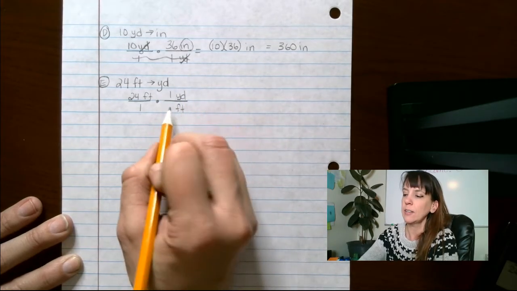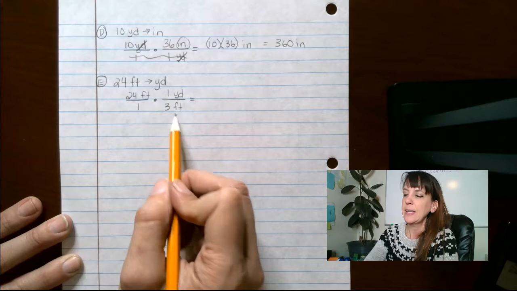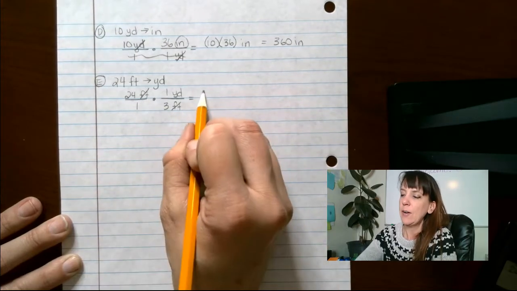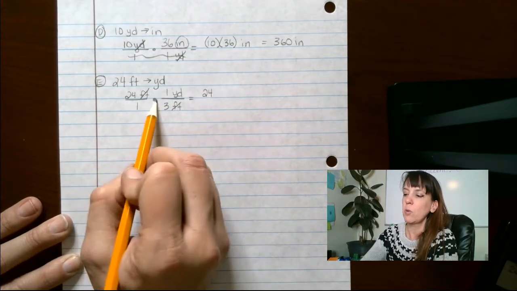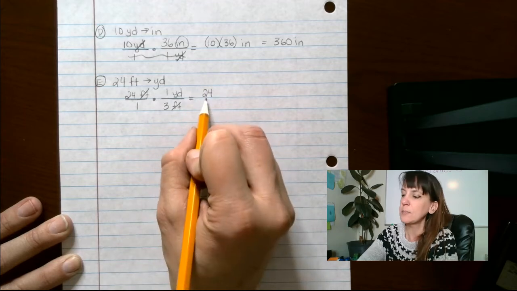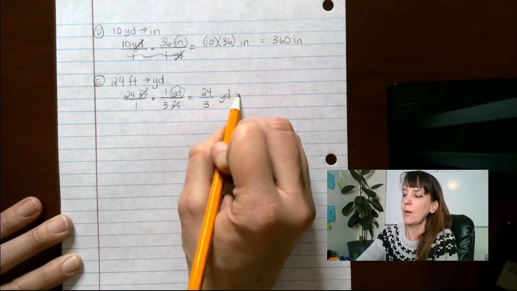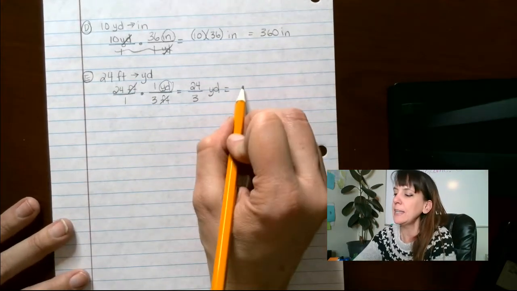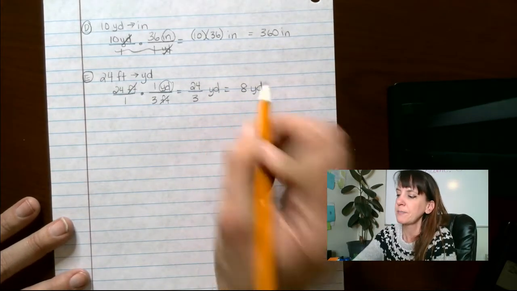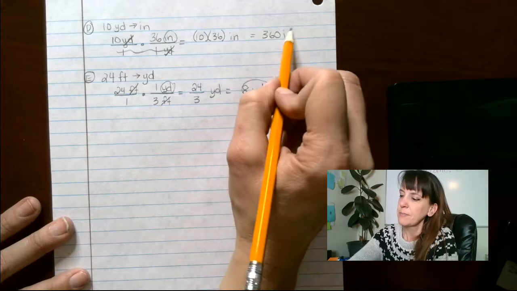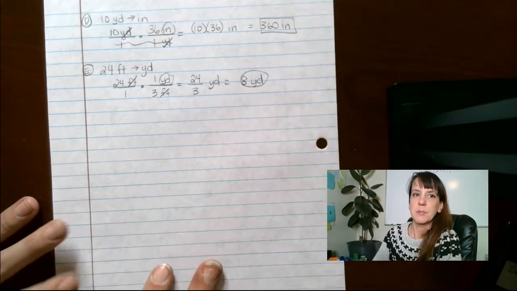In 1 yard, there are 3 feet. Cancel out your feet. And now I have 24 upstairs. 24 times 1 is 24. 1 times 3 is 3. And the unit remaining is yards. Now I can simplify that down. 24 divided by 3 is 8. 8 yards. Okay. Put some boxes around my answers.